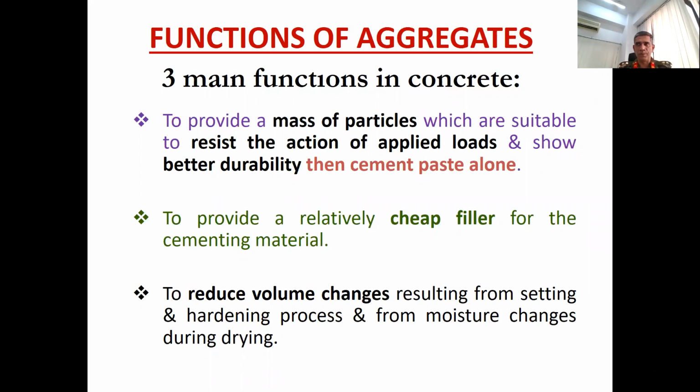When the concrete is drying, there will be change in moisture. That change in moisture, the stones reduce the volume changes which result from the moisture changes which cause the drying of the concrete.